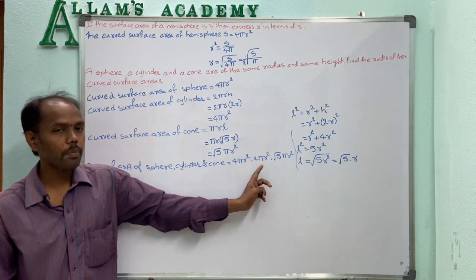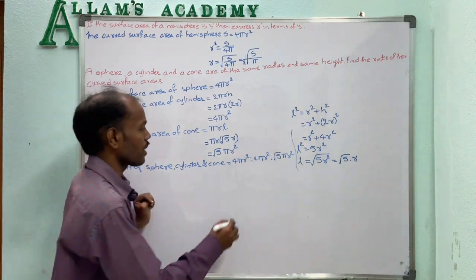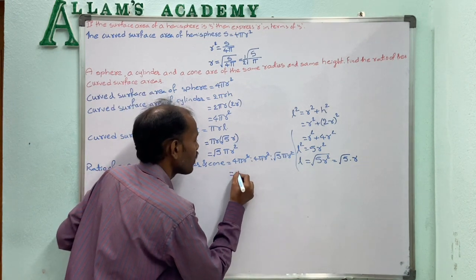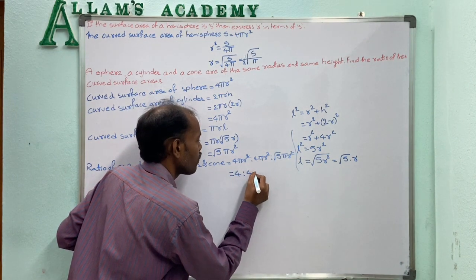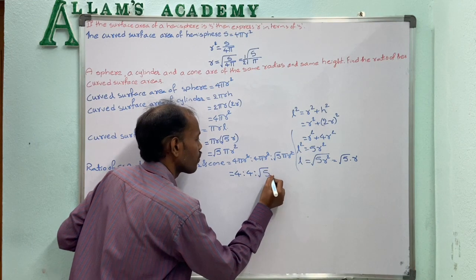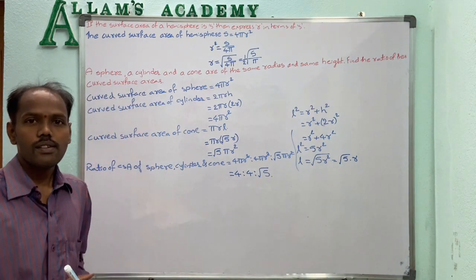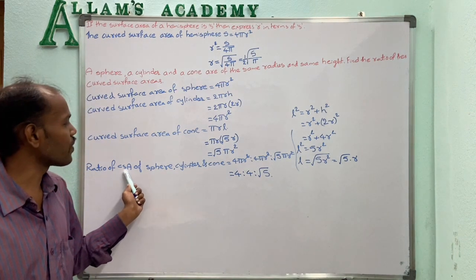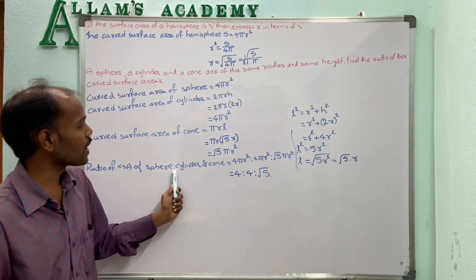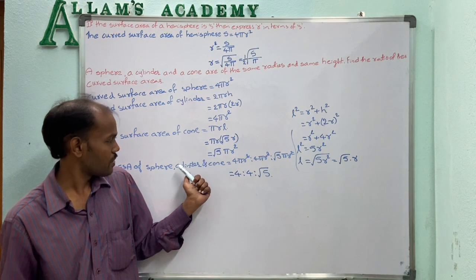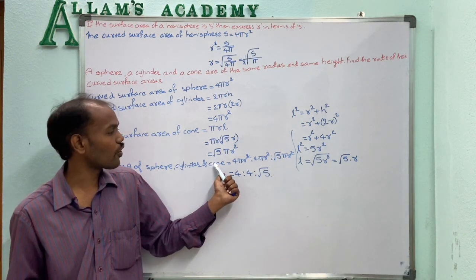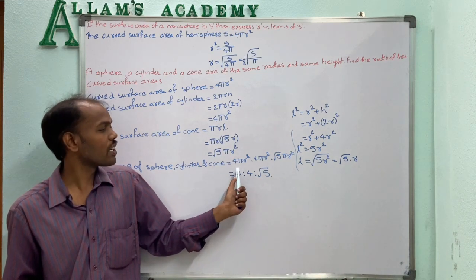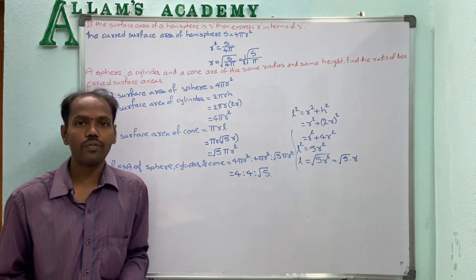Now in all of these, πr² is common, so it cancels. The remainder is 4 : 4 : √5. So the ratio of curved surface areas of sphere, cylinder and cone with the same radius and height is 4 : 4 : √5.